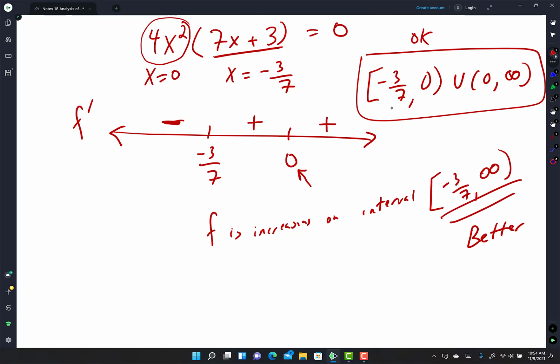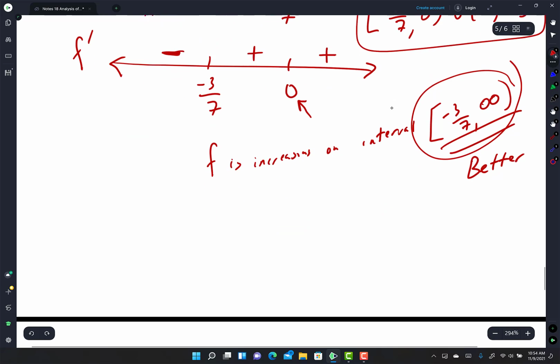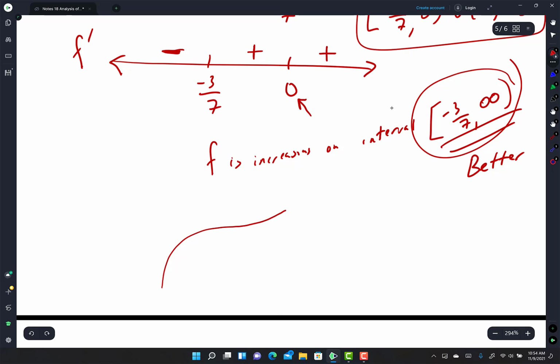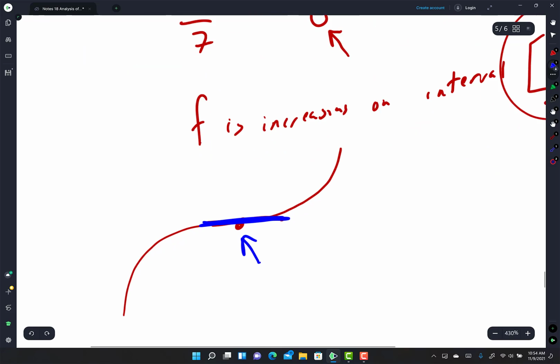All right, you guys ready for this? Why is this one better than the one above? It's still increasing even if it's not differentiable. Yeah, I think you guys kind of got it already. Because guys, the definition of increasing is that the pixel to the right is larger than the pixel to the left. Like if I zoom in right here, see how it's flat?